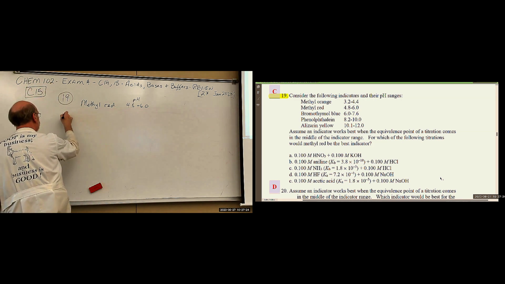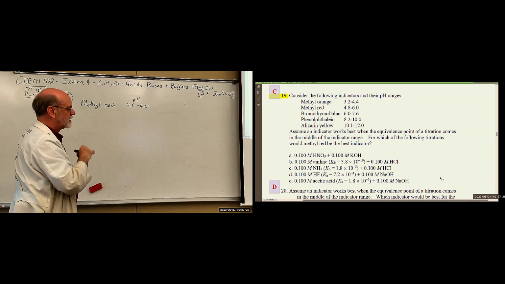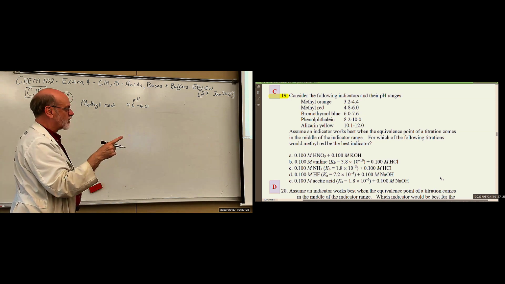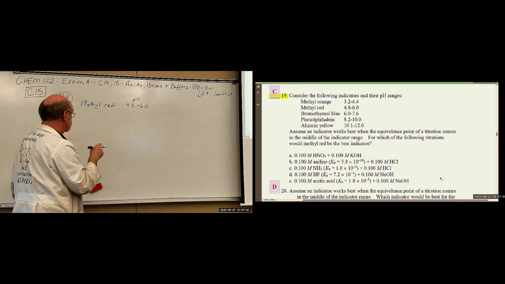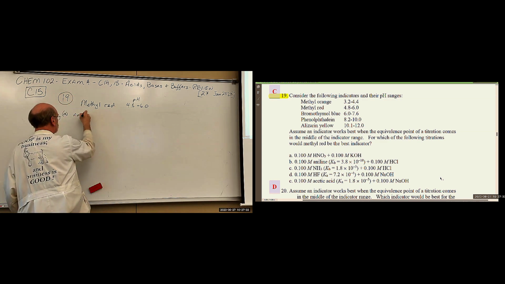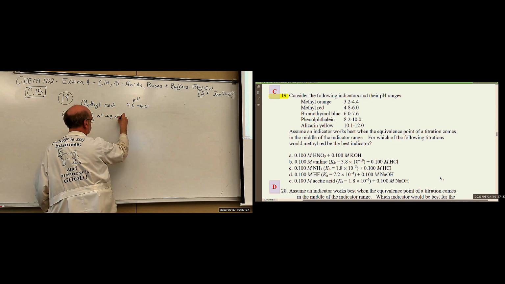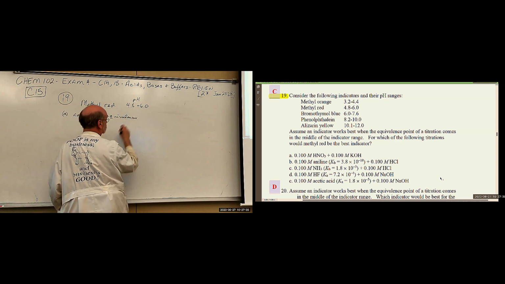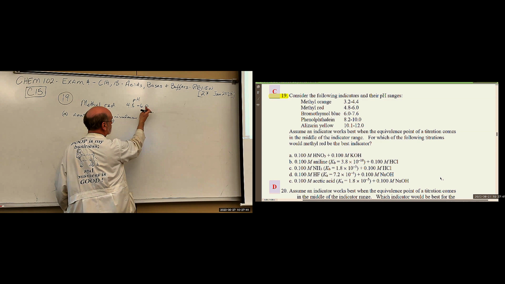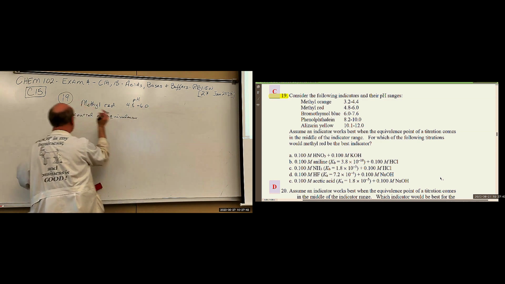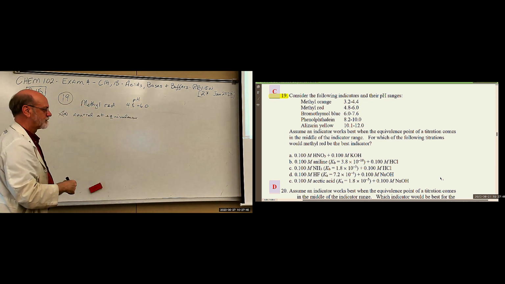Well, A is a strong acid, strong base. At equivalence, this is going to be neutral. So this changes color below that region. So that's no good.